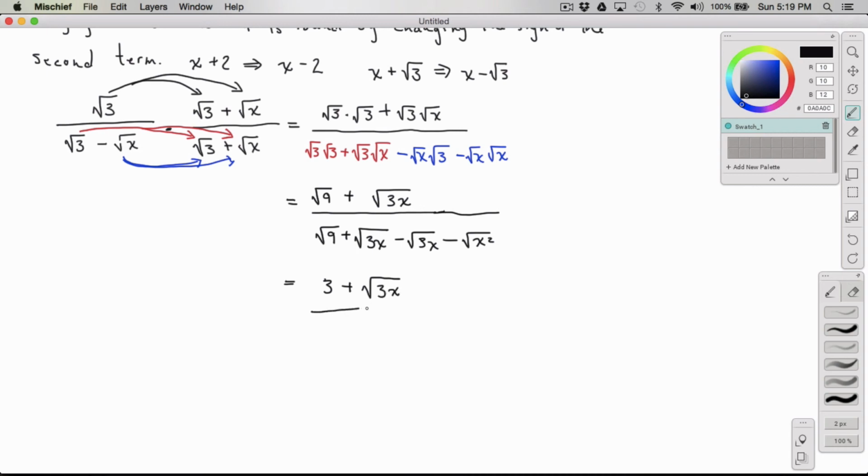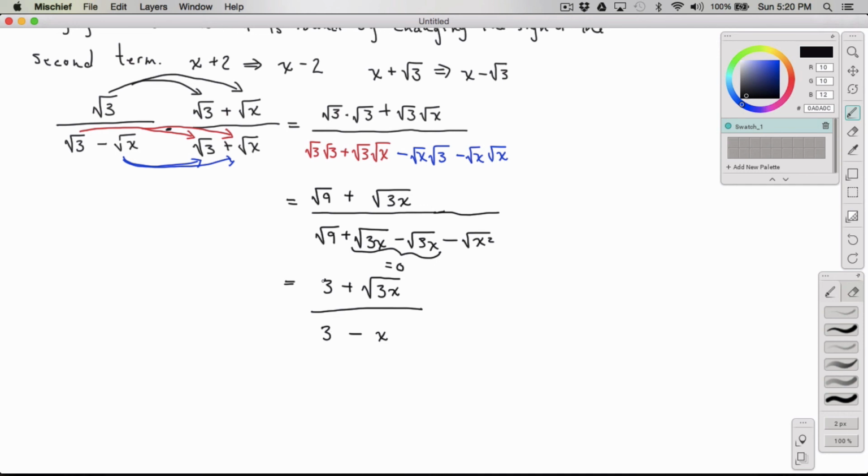I'm going to leave that over the square root of 9, which is going to be a 3, and then a plus root 3x minus root 3x. Well, those cancel. Those are opposites. And so they just equal 0. If I take the square root of x squared, that's simply x. So minus x.